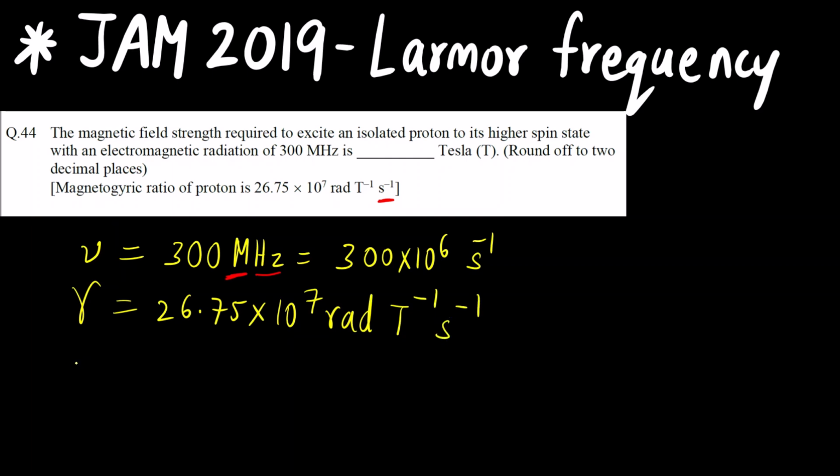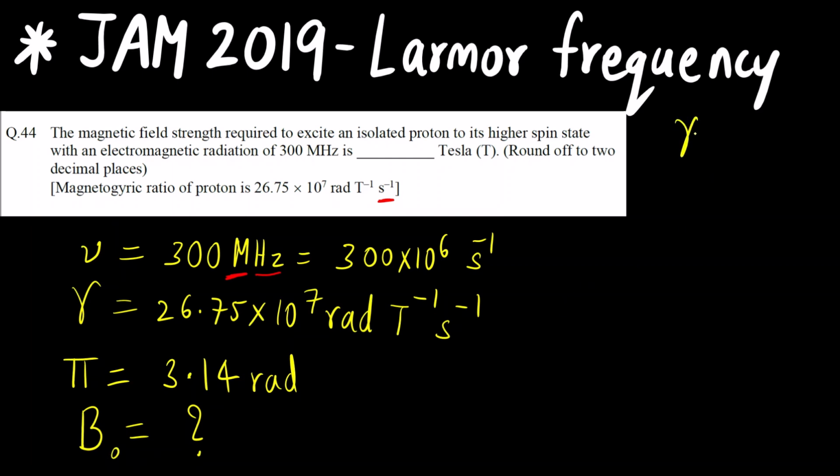Then what other values must you know? Pi. Pi is 3.14 radian. And what we have to calculate is the magnetic field B0. What is the formula? The formula for Larmor frequency is nu equals gamma by 2 pi into B0. We had seen what these values are in the first video of the basics of NMR spectroscopy.